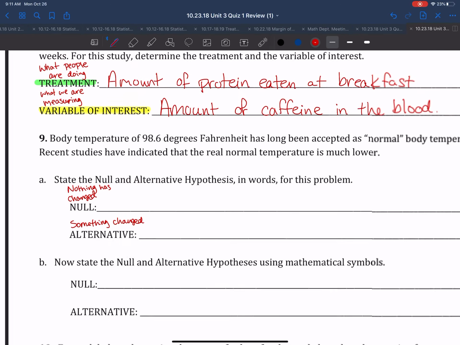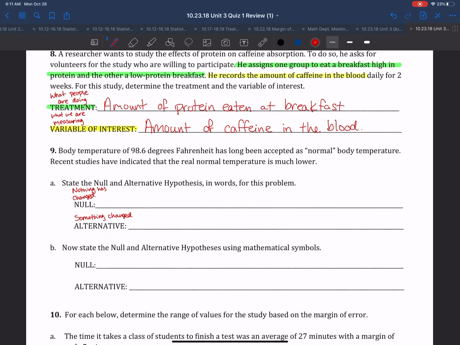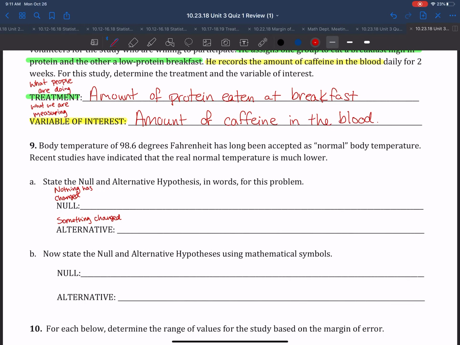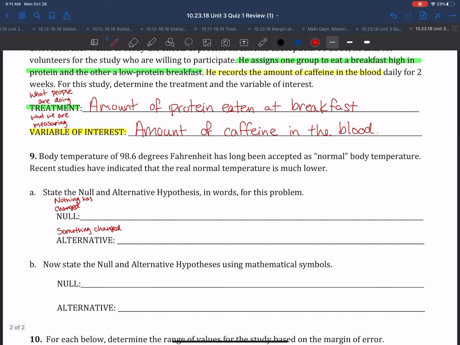So for our null, we're talking about body temperature and how 98.6 is considered the normal. So for our null, we can say the true mean, because remember, our hypotheses are always talking about true mean, not sample mean. So the true mean body temp is 98.6 degrees.